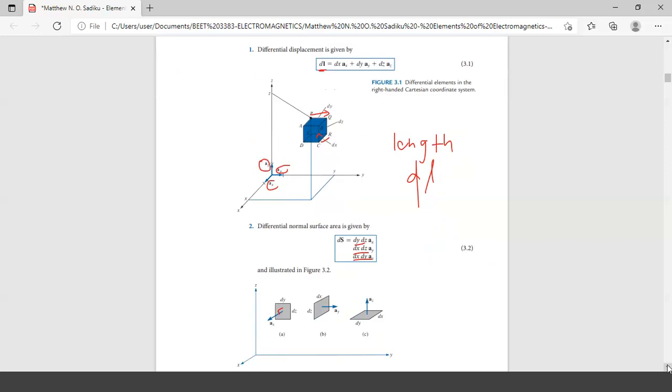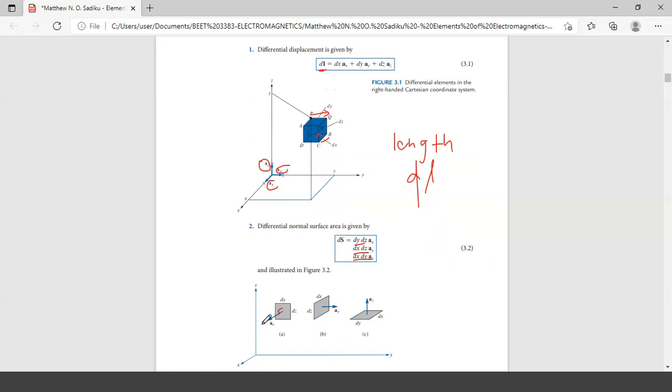So when we have dl, we need to find ds, meaning that ds is the differential normal surface area. So ds equals dy dz in the direction of x. Why? Because we took the surface between dy and dz.